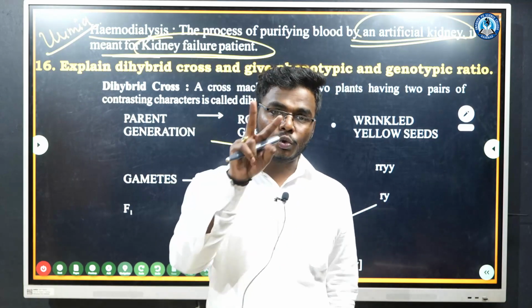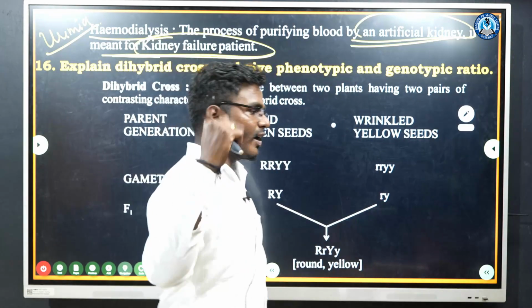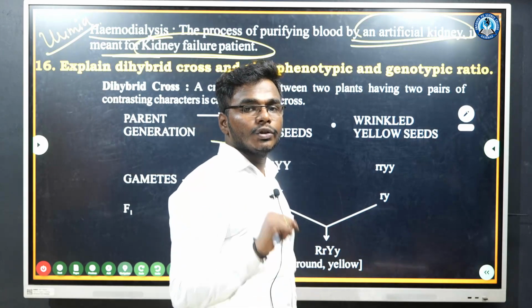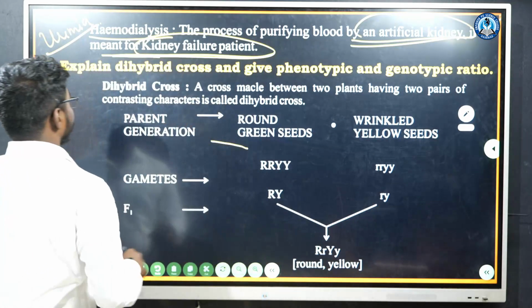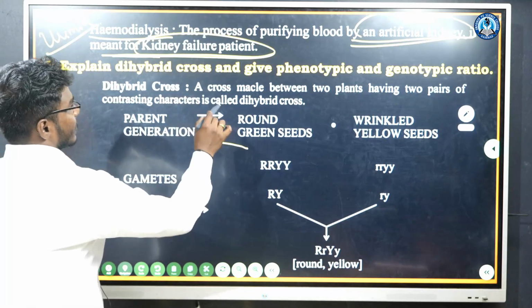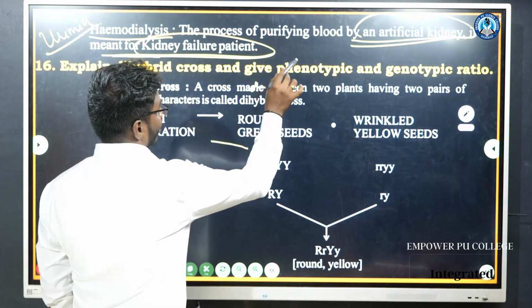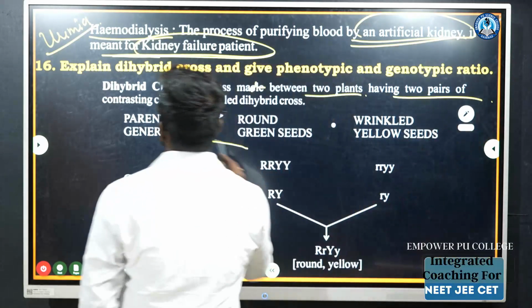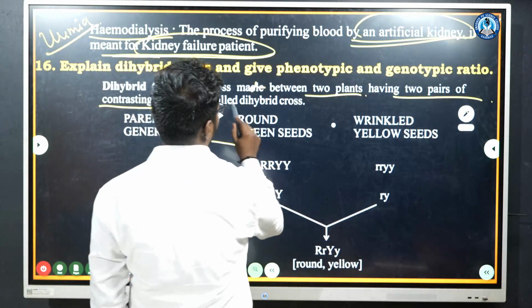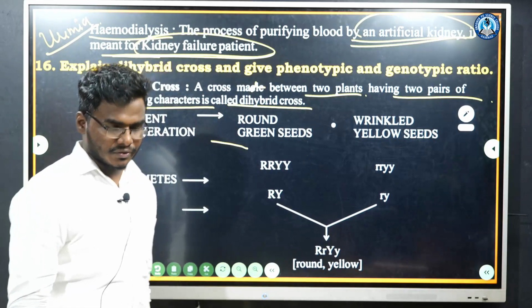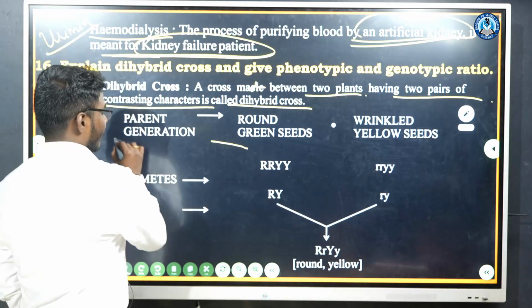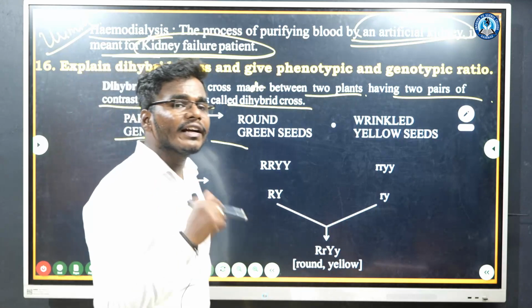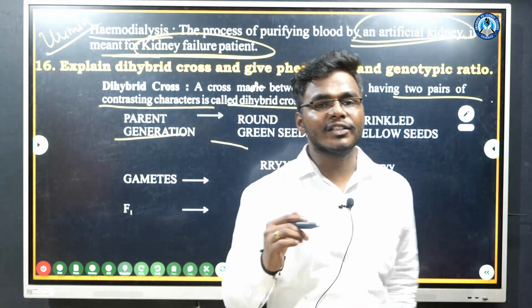Di itself says two characters. As we have discussed, Gregor Mendel took the pea plant. So a dihybrid cross is a cross made between two plants having two pairs of contrasting characters. Got it? Next, parents. What kind of pea plant did he choose?